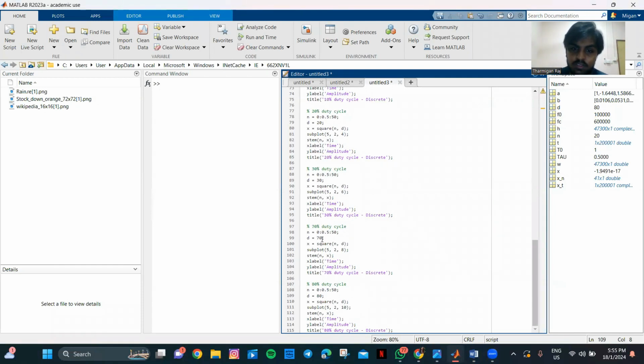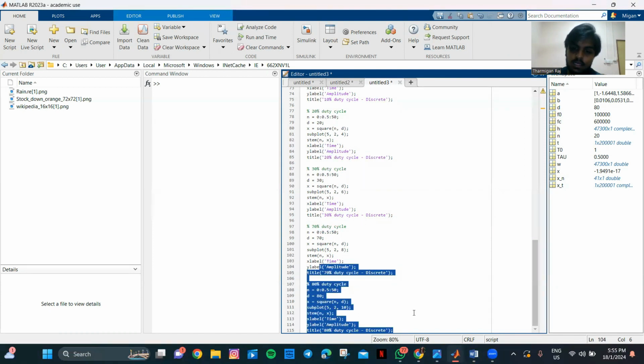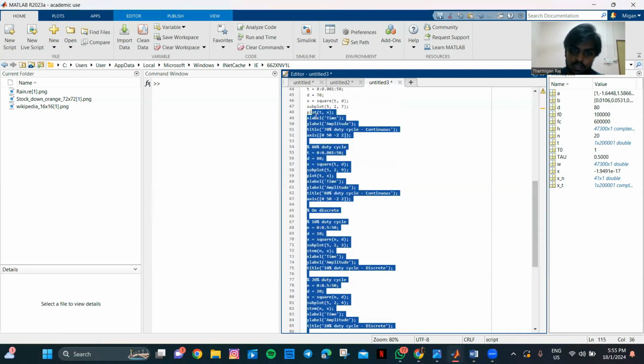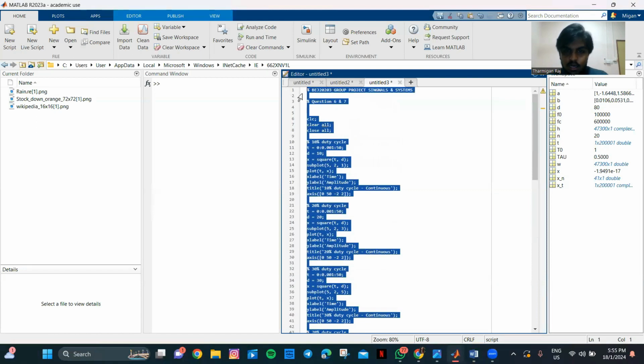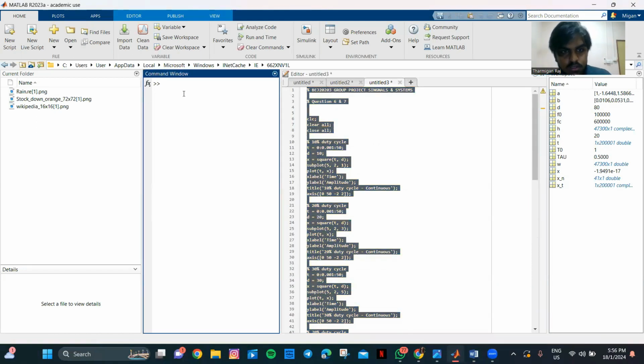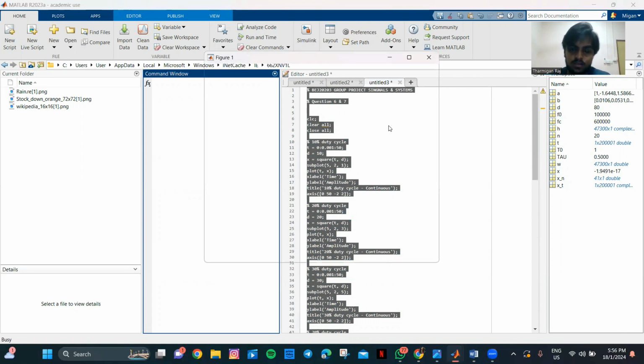For this, N will be from 0 to 50 in steps of 0.5, and D could be 70, and X would be square N, D. If you put subplots for everything, 5 2 4 for the 20%, 5 2 6 for the 30%, 5 2 8 for the 70%, and 5 2 10 for the 80%, and then plot in a graph, we would get our designated output. Wait for a bit, since it's a lot of information, it's taking a little while.